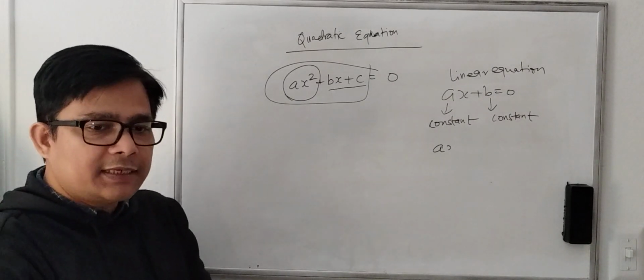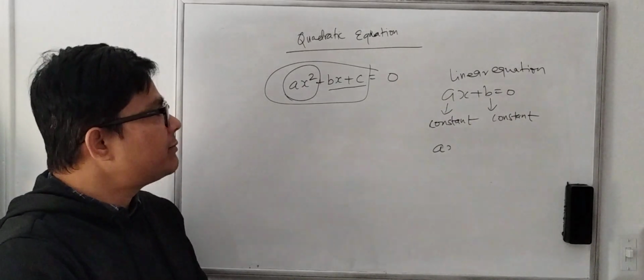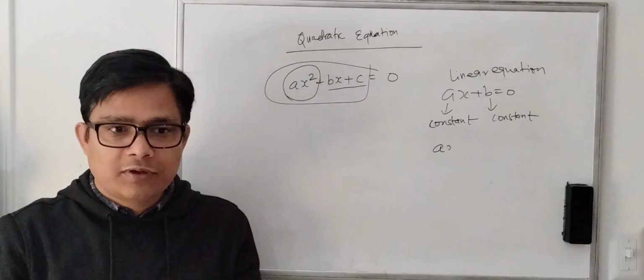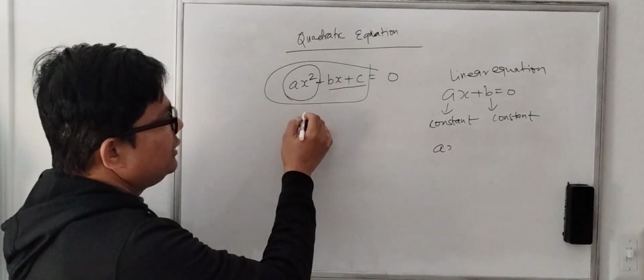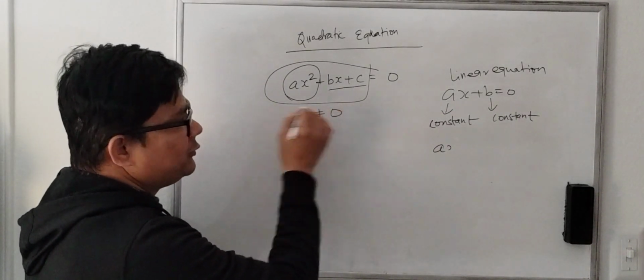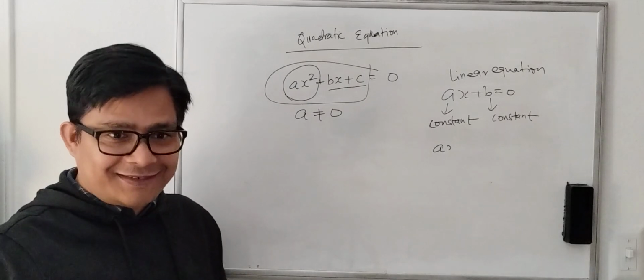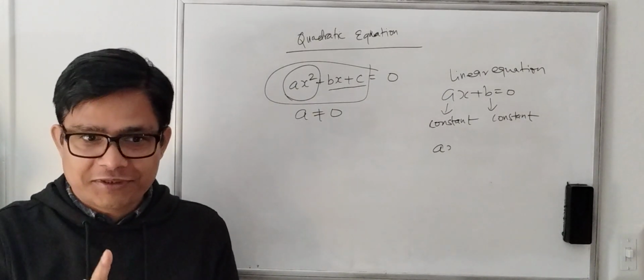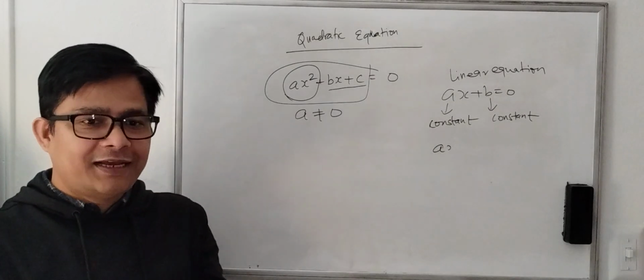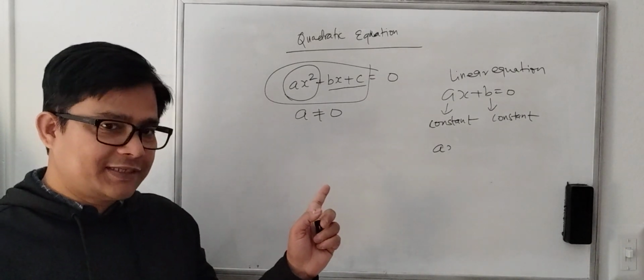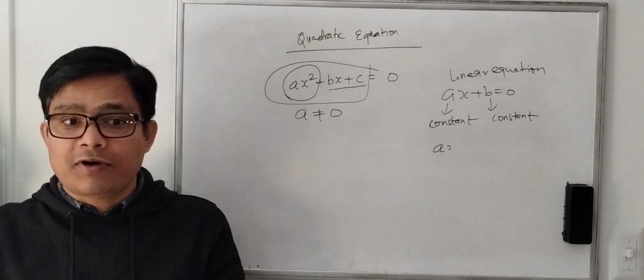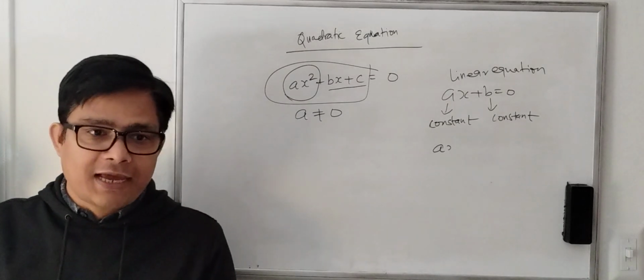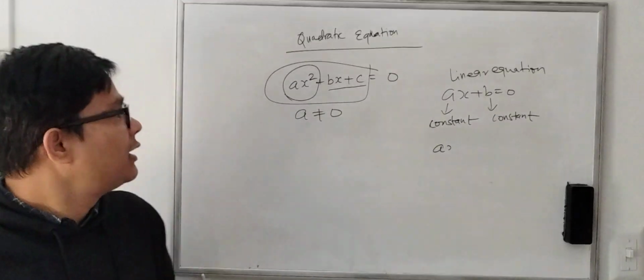So if I'm saying the maximum power has to be 2, it means what? A should not be equal to 0. Is it clear? The maximum power has to be 2. If it's more than 2, it's not a quadratic equation. If it's less than 2, it's not a quadratic equation. It has to be 2.